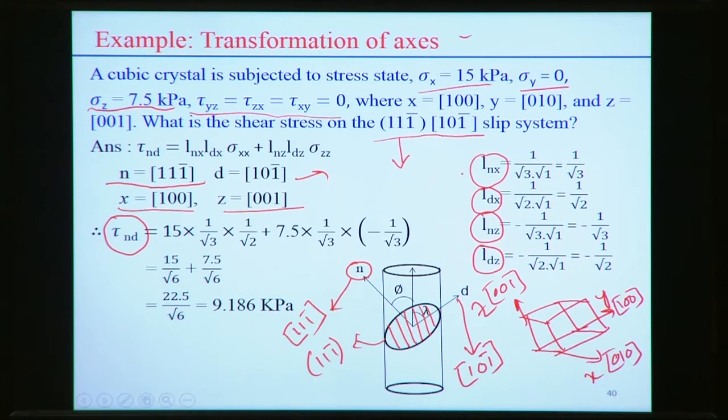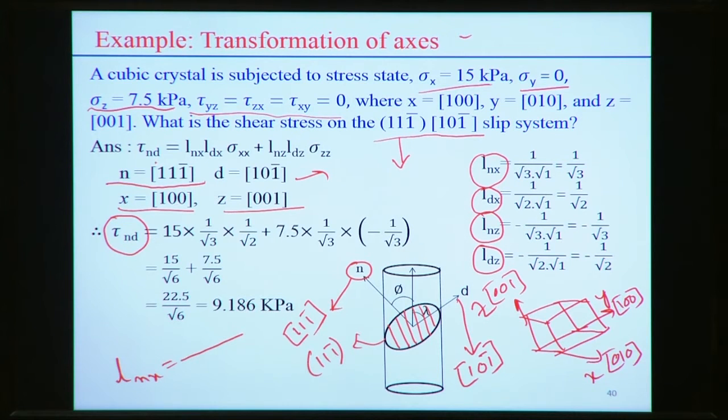Basically the dot product between these two vectors, if we represent it in terms of vectors, n into x, so we can find l_nx like this. If the Miller indices are h k l, then we can find n into x.